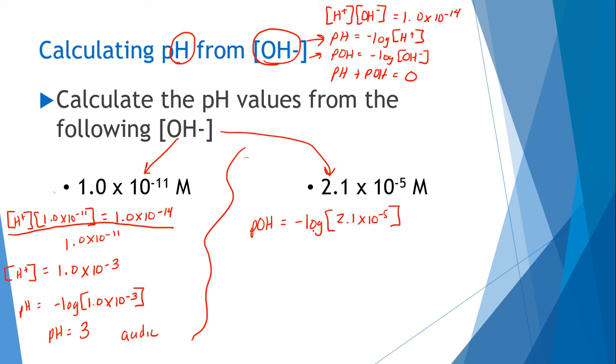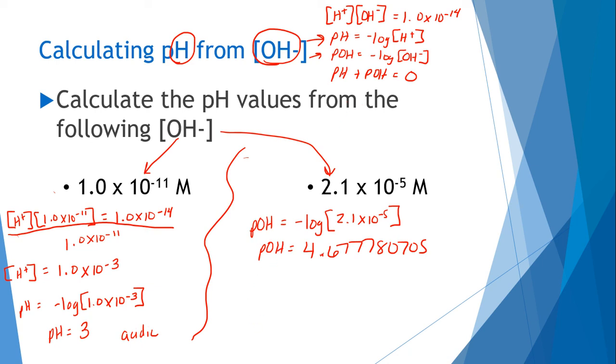And when you do that, we are going to find that pOH equals the negative log of 2.1 times 10 to the negative fifth, and you're going to find it to be 4.6777800705.